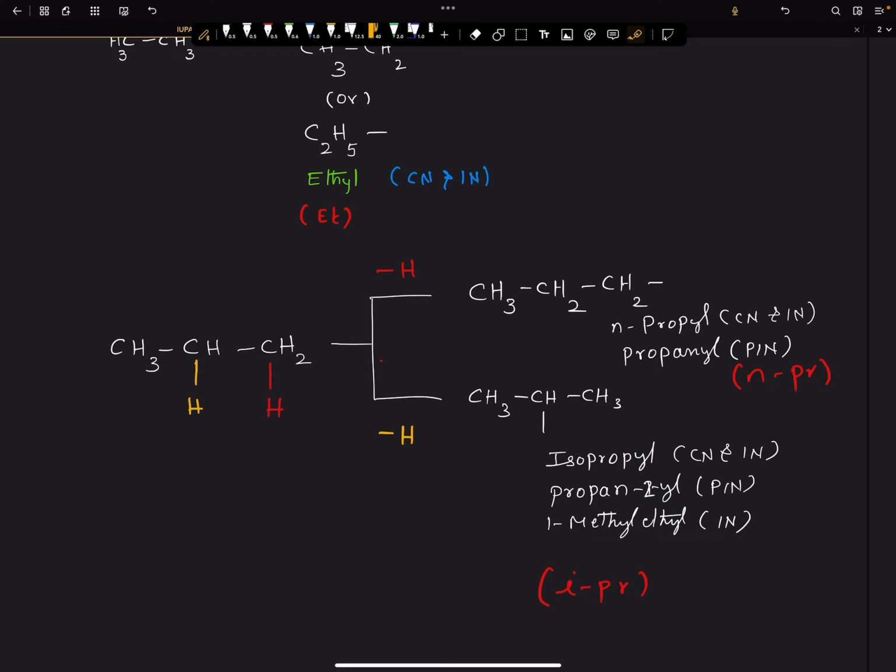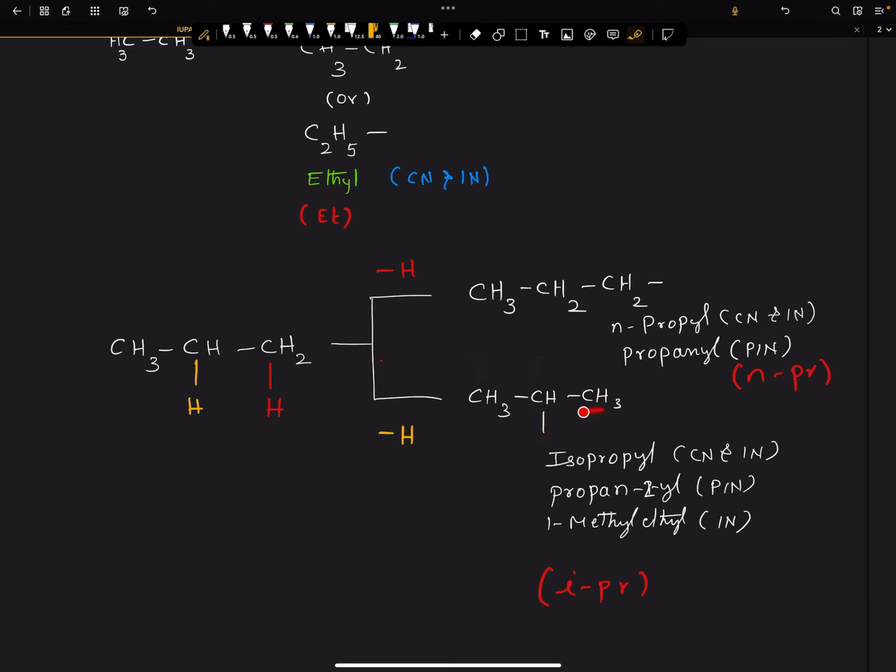For example, if you give numbering 1, 2 and 3, there are a total of 3 carbons. We use the word prop, ane, and this carbon is connected through the second carbon, so we call it 2-yl. The other way of IUPAC naming is, let us call the carbon which is connected to the other group or carbon 1, and the other carbon 2.